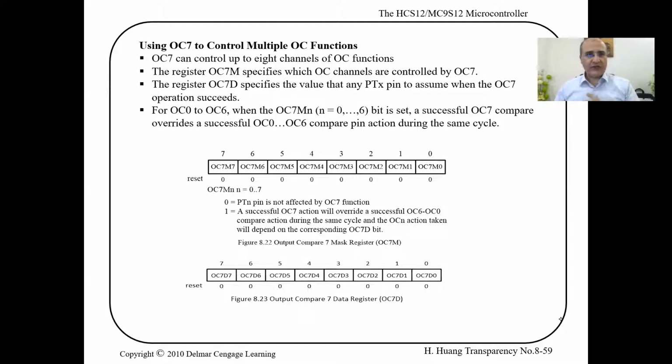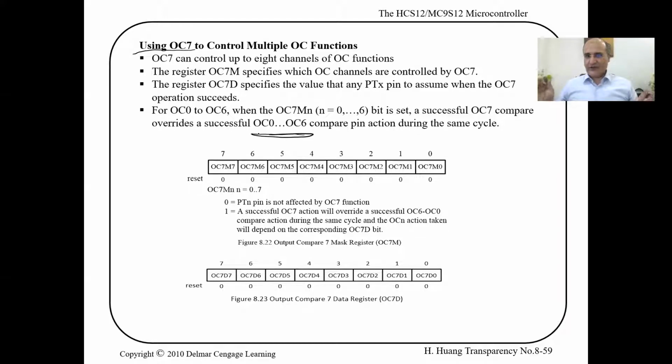Sometimes in real-time applications, you will need, or you are able, to tie output compare 7 to control other output compares, which means if output compare 7, the compare happens, you are able to make it also override the output compares from 0 to 6.